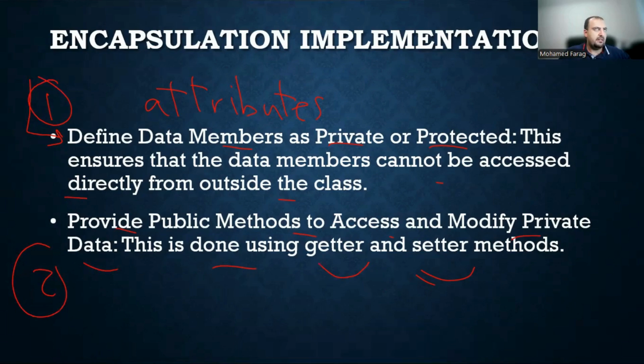Now, one thing I want you to think about here. If you have a class called Rectangle, that rectangle will have height and width. You don't want the height and width to be negative values, because technically they cannot be negative numbers.